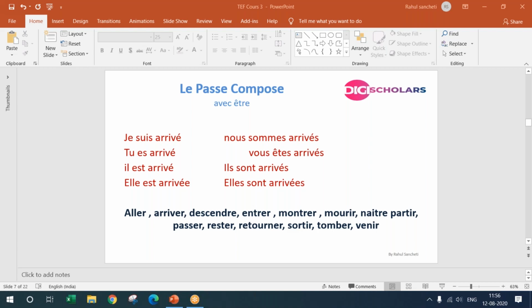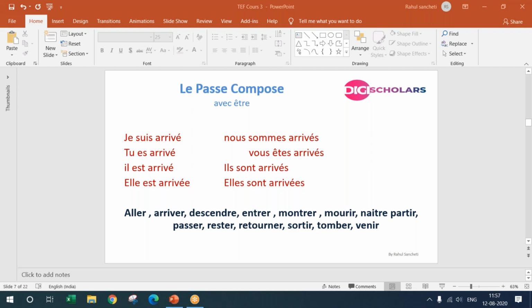Yes, it's a reflexive verb and it's an infinitive verb. If it were conjugated, it would have been je m'appelle, tu t'appelles, and so on, but it's an infinitive verb. It's also called a reflexive verb or a pronominal verb.